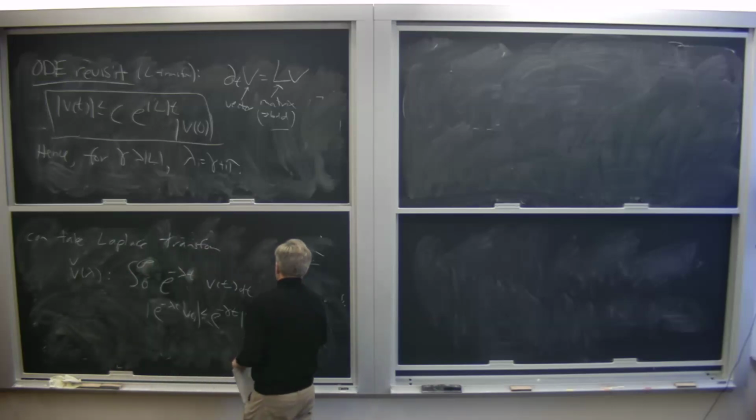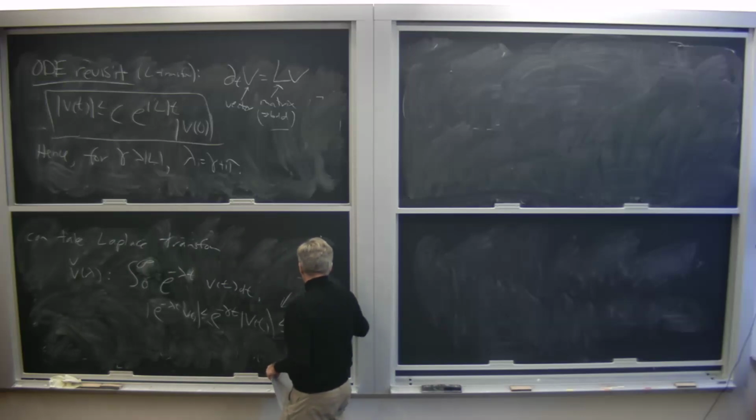But by our assumed bound, this is less than or equal to e to the t times (theta minus gamma), times v of 0.